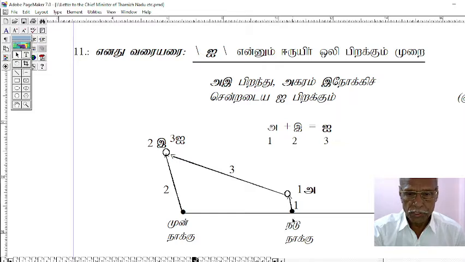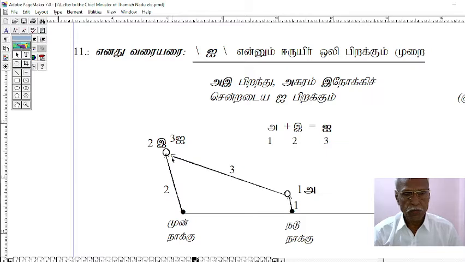See, first, the center of the tongue rises to 1/4 of the height and produces A. Then the front tongue raises to 3/4 of the height and produces E. And then A moves towards E, and A and E combine themselves, forming the diphthong I. A plus E is equal to I. This is the way the diphthong I is formed.